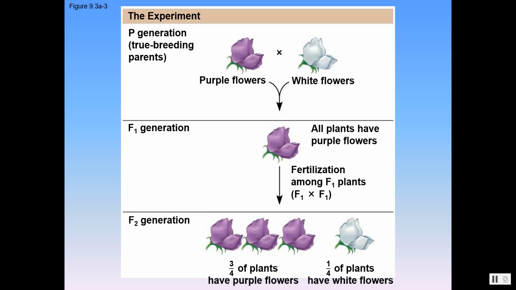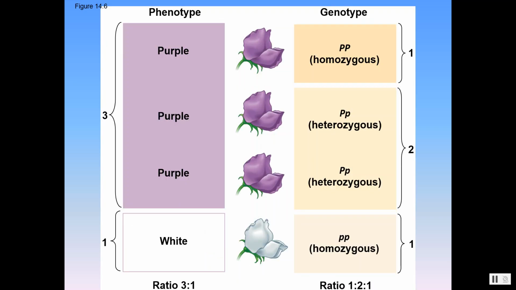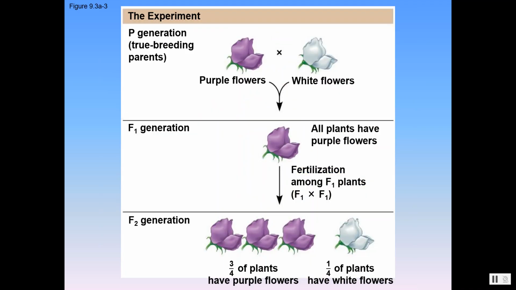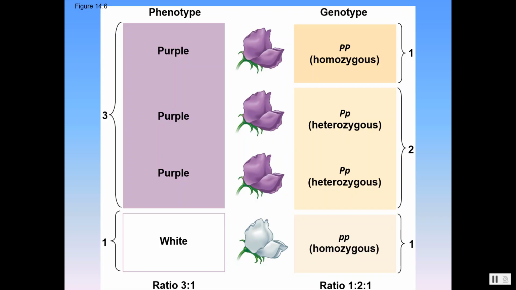So let's start talking about this. We have purple or white as the options. In this case, purple is going to be dominant, because it overshadows the white in the mix right there at the F1. So purple is dominant. We use the capital P to represent purple, the dominant condition, which is what you see top right.